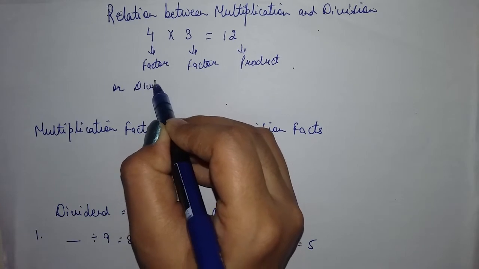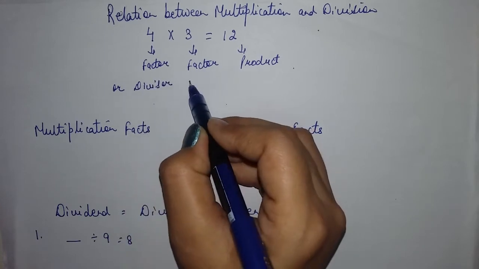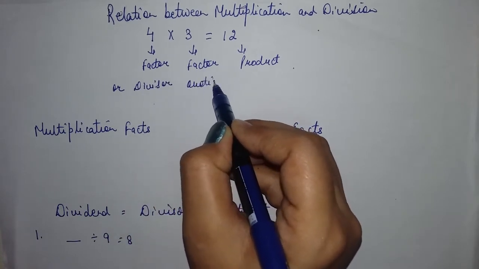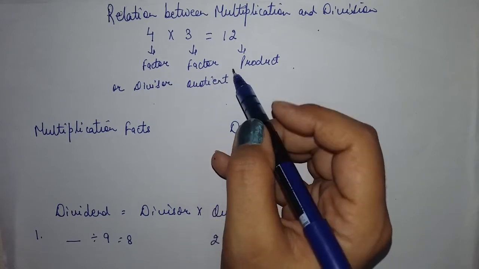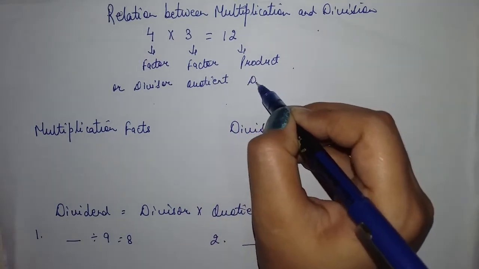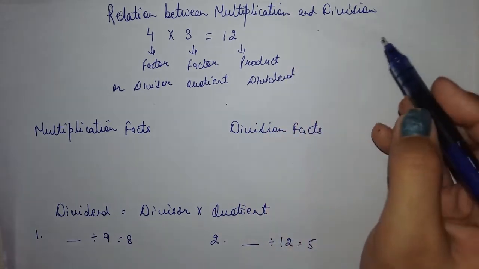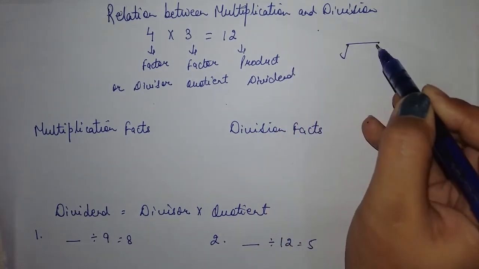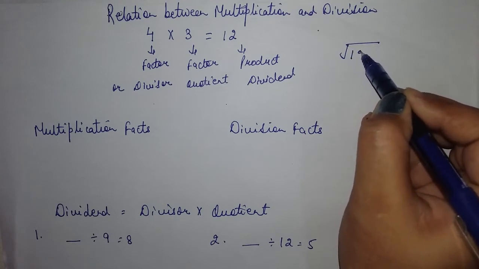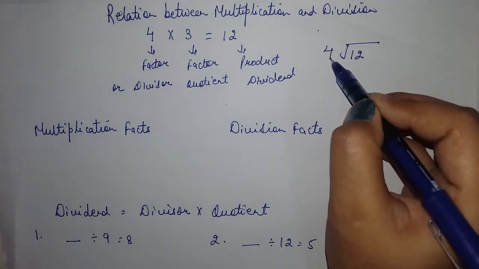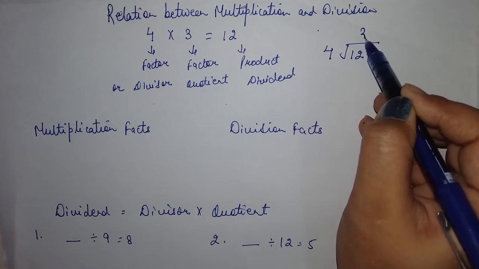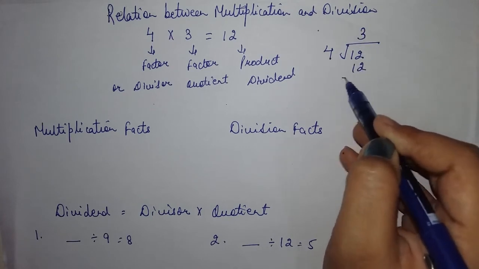Or you can say this is a divisor, this is a quotient, and this is a dividend. You can write it in any form. If you divide 12 by 4, you will get the quotient 3. 4 3s are 12.